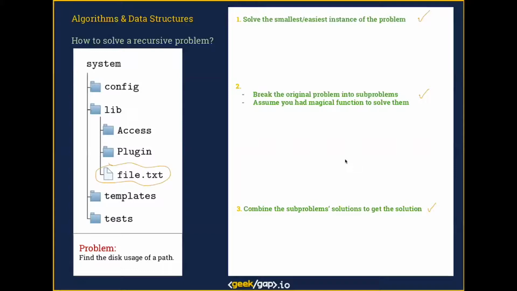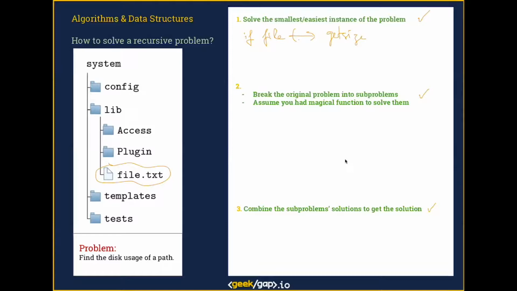Because if it's a file, then all you need to do is get the size, since it's a file, you don't have any children, so you can directly get the size. So this is the smallest instance of the problem that you can have.